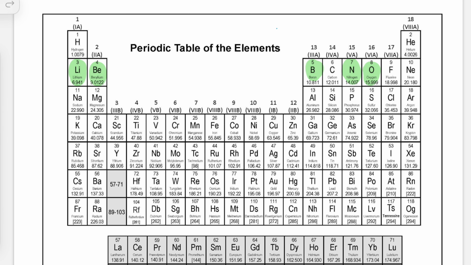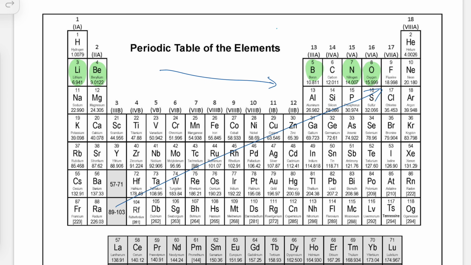So with first ionization energy, the pattern is this way. It increases across the period and decreases down a group. So the basic trend is that we would expect the first ionization energy to increase this way.